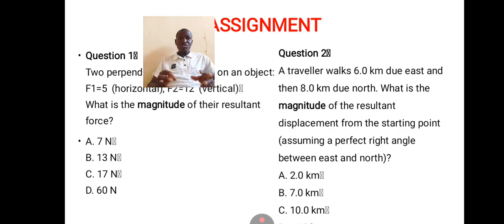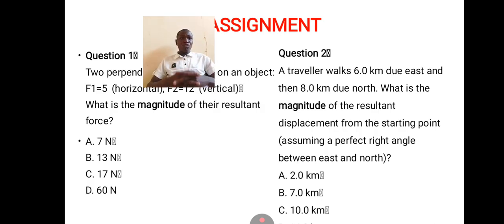Those kinds of questions, you use either sine or cosine rule. But in this case, I don't want to introduce the sine and cosine rule. I didn't see many questions on that. In fact, I've not come across any question that will require you to use sine and cosine rule to calculate the resultant force. So that's why I leave that out. That is a little bit advanced, so maybe that's why they don't like asking. I don't know whether they have asked in the past, but so far in the questions I've checked, I've not seen where they've asked that.